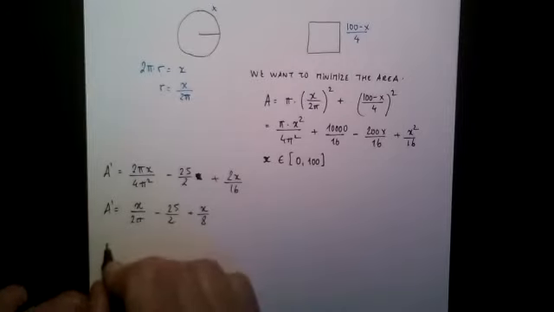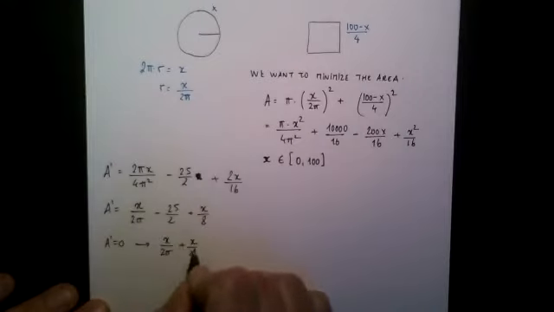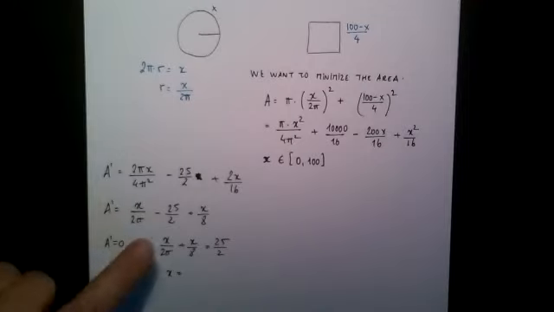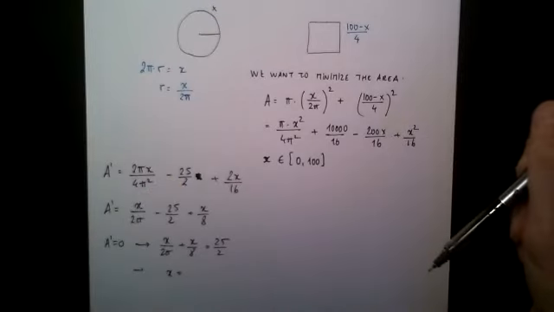So when is it equal to 0? A prime equals 0 would mean that x over 2 pi plus x over 8 equals 25 over 2. From where does the 25 come? If you simplify 200 over 16, okay?